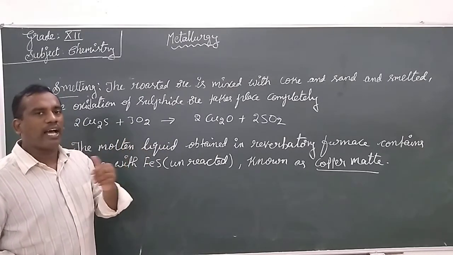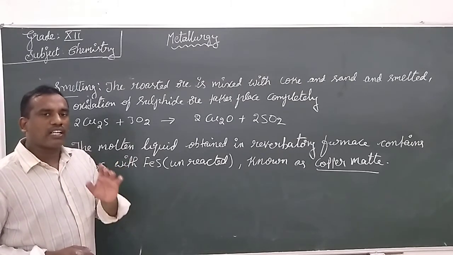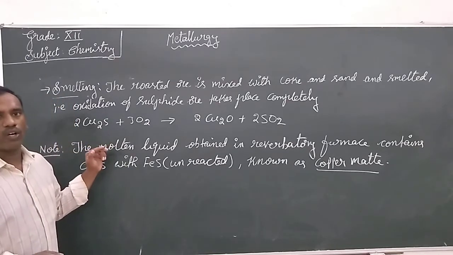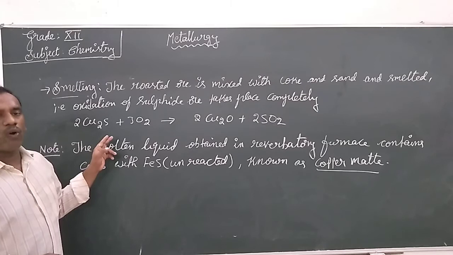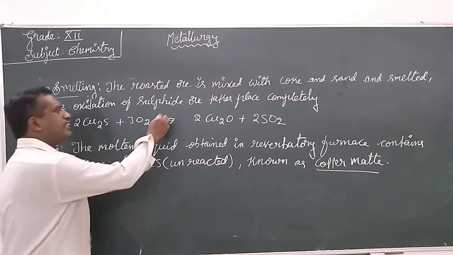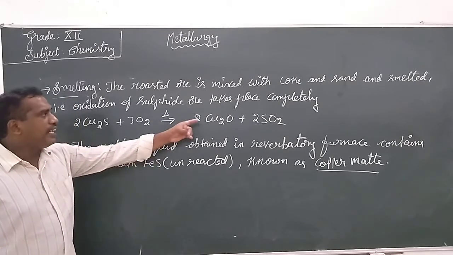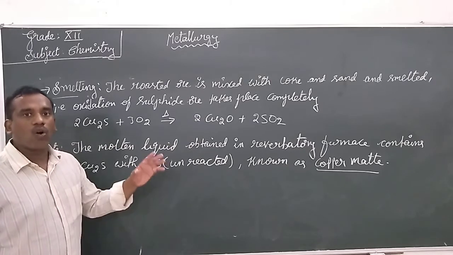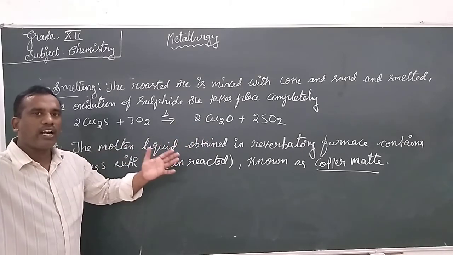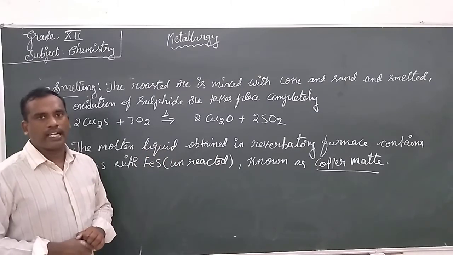We had already balanced two equations: how to convert a sulfide ore into oxide ore. Here we got the copper sulfide ore. This copper sulfide ore on oxidation, that is heating in the presence of oxygen, that is called roasting, gives copper oxide. So from this copper oxide we can get our copper metal.